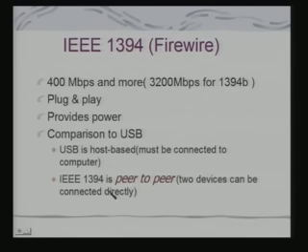But in comparison to USB, the basic difference is here. USB is host based. That means there has to be a computer to which a client device is connected. But IEEE 1394 is a peer to peer protocol. Two devices can be connected directly. An embedded system is expected to support a USB interface when it is designed to communicate with a host.